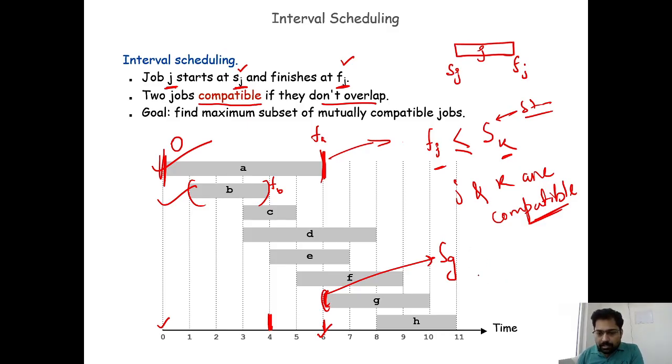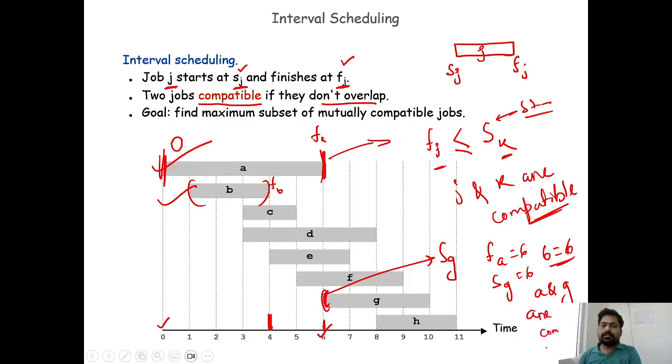So s of g is 6, f of a is 6, so you can say 6 is equivalent to 6. So a and g are compatible. Compatible means they are not overlapping each other. Okay, they do not overlap.